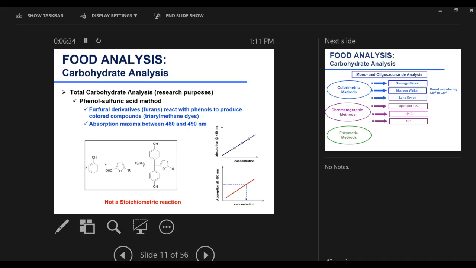So that's why the standard curve is very important, and what you use as standard is very important. So oftentimes, if you know the expected composition of your sample, you construct a standard containing those different monomers in your standard.